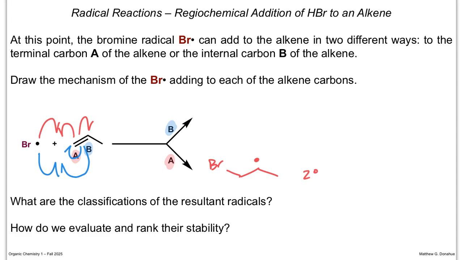So this is showing carbon B then gets the bromine, and then carbon A gets the radical. So if we classify that radical, it's primary.